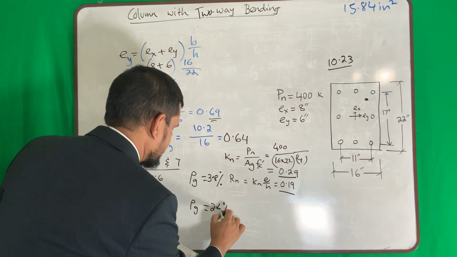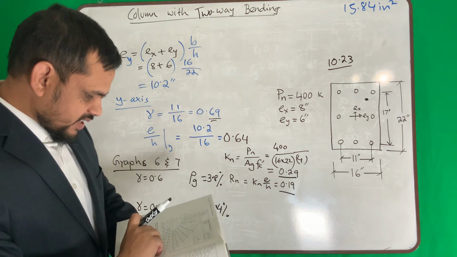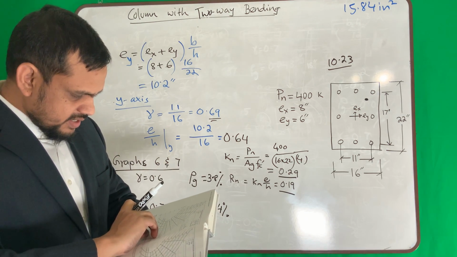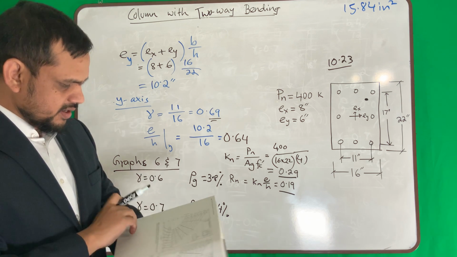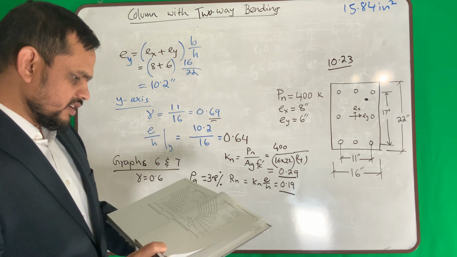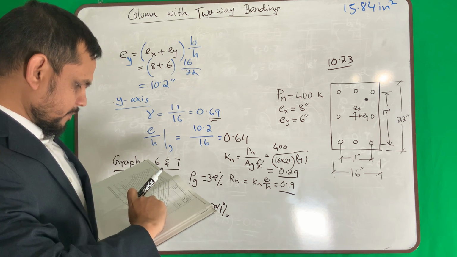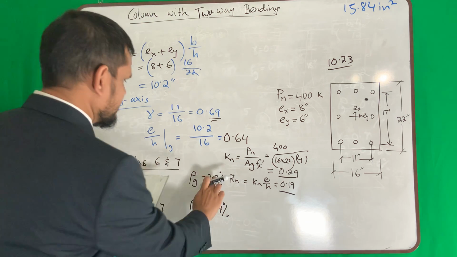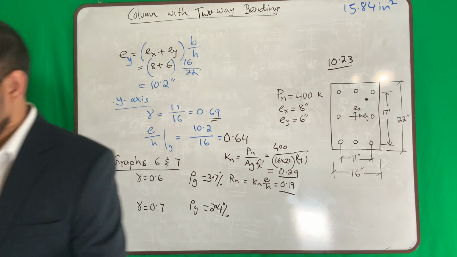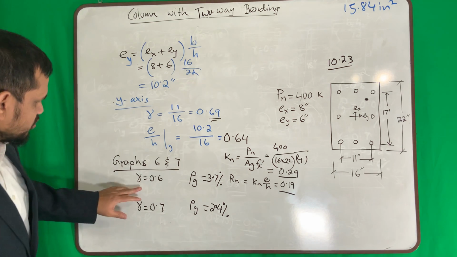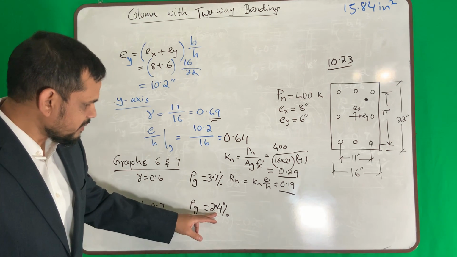So it is 2.4. Even 2.3. If I go 0.29, yes, 2.4, right? This one, if I go again, 3.7 a little bit. Okay, yes. Whatever, we will go with this. So I got two values. 0.6 is for 3.7%, 0.7 is 2.4%.